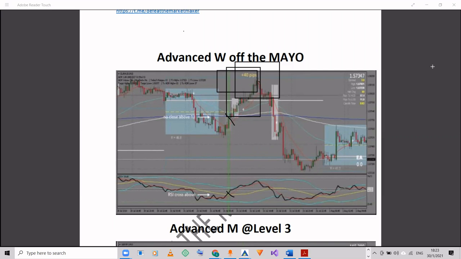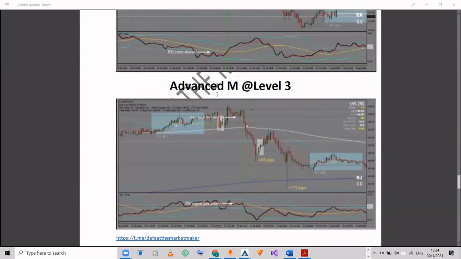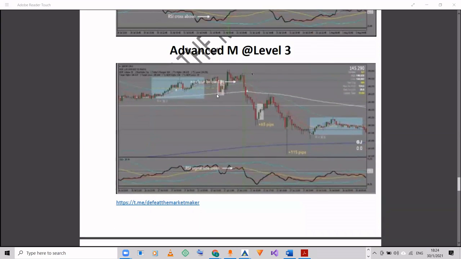Oh, let's go on. This is the advanced M at level 3. So for this advanced M right there, you can see the absence of an apex at level 3.